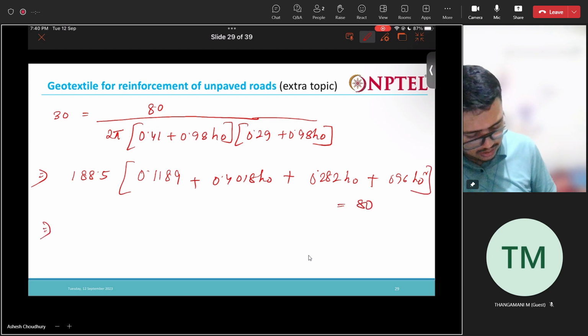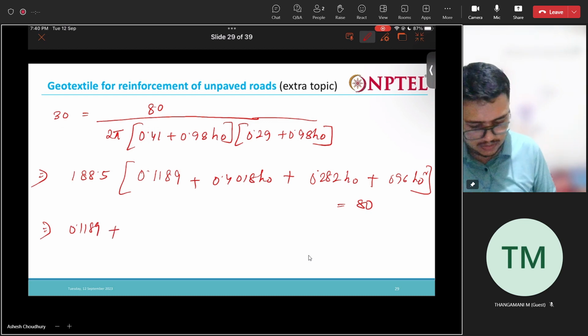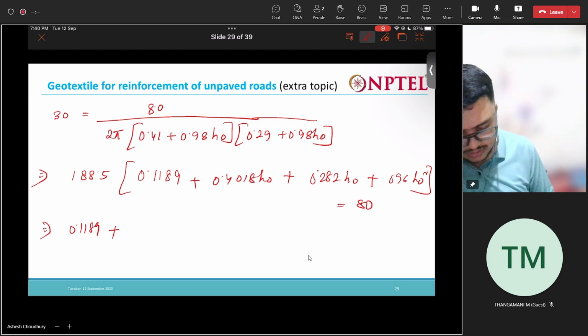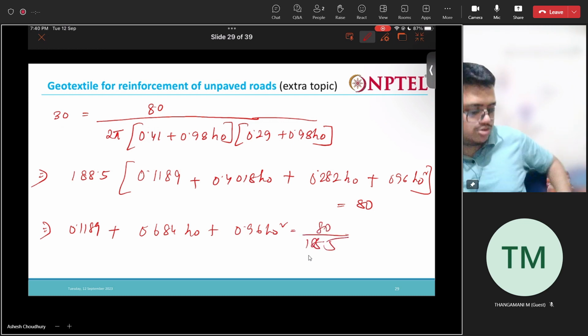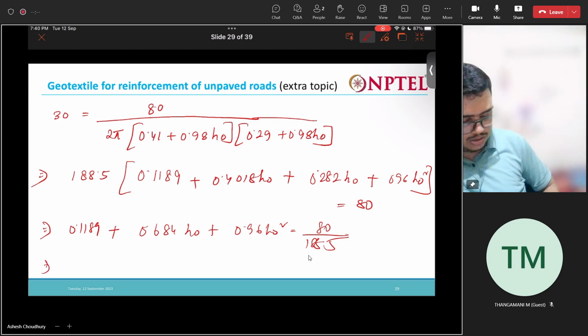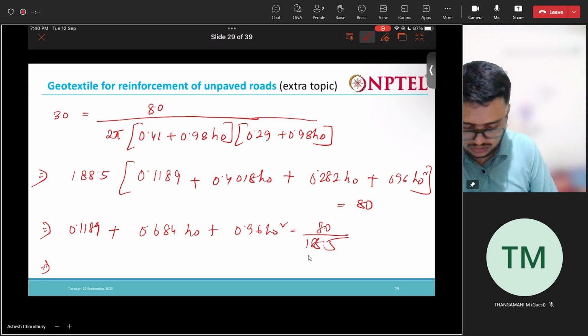So we just have to solve this quadratic equation. I will just solve it using the calculator to find H naught.